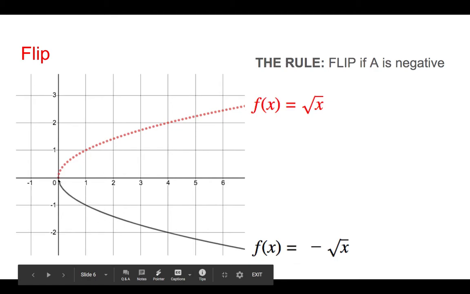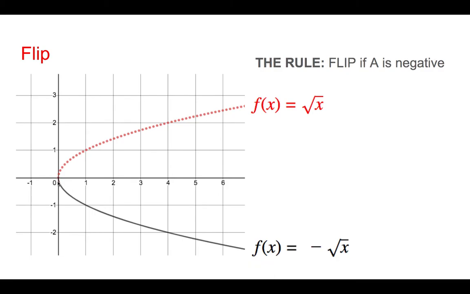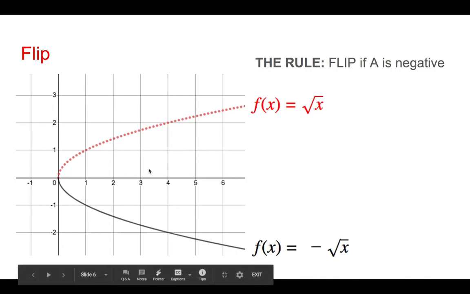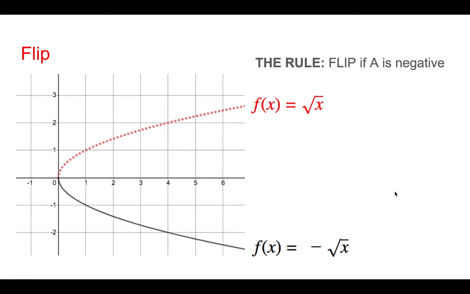And the flip is just, instead of going up, it's going down. It's always going to go to the right in this class. But the flip just does exactly what it sounds like, flips it upside down. So if your A value is negative, the graph is going to flip. Okay, so there's your first transformation. If A is negative, the graph flips. Okay, flip if it's negative.